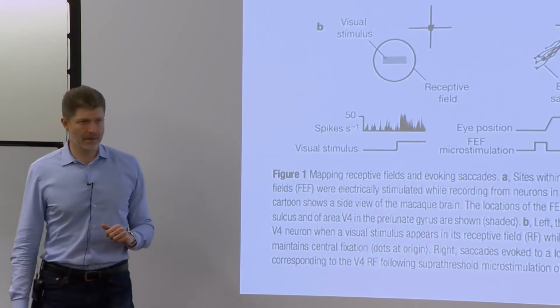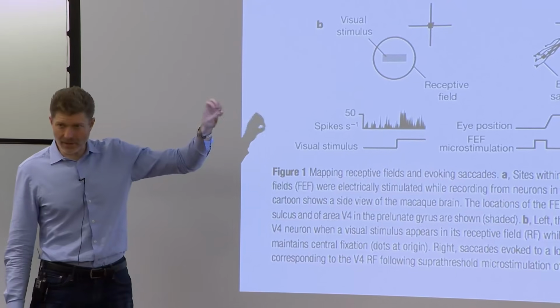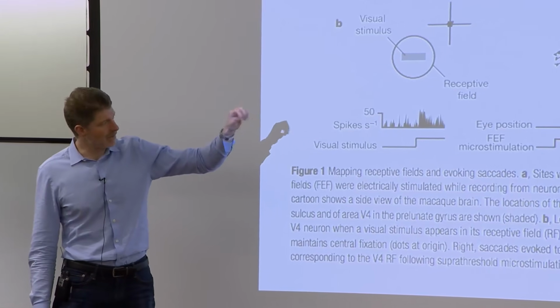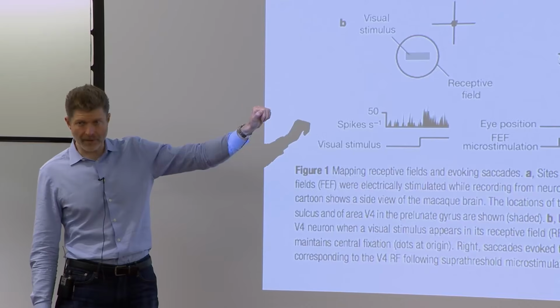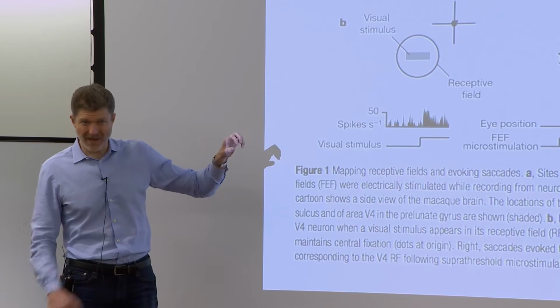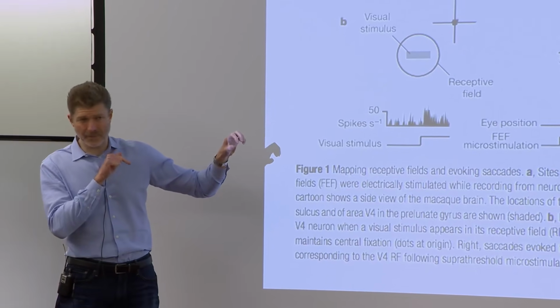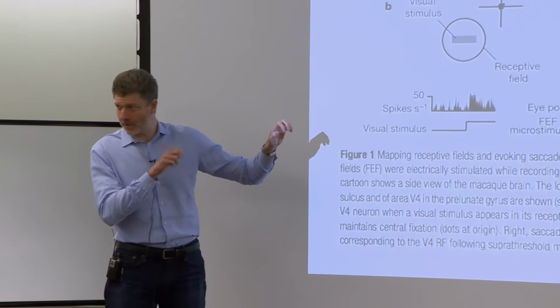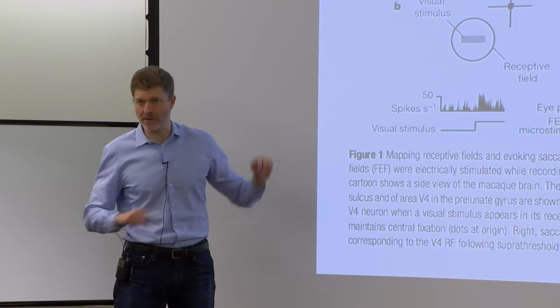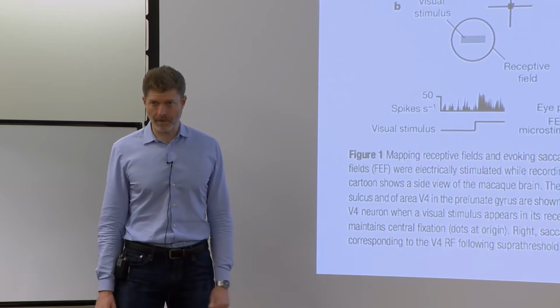Okay? So you're at this locus in the frontal eye fields where the neurons are coding for eye movements to a particular location, and then you're recording from the corresponding place in V4 whose neurons are representing that location in space. Okay?